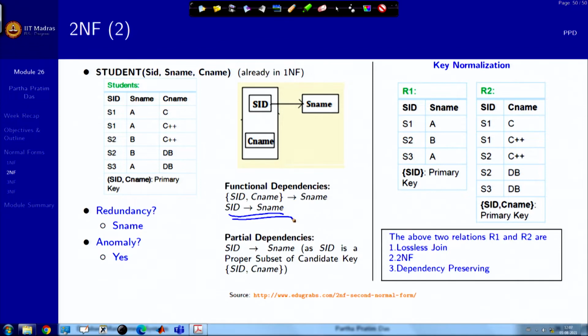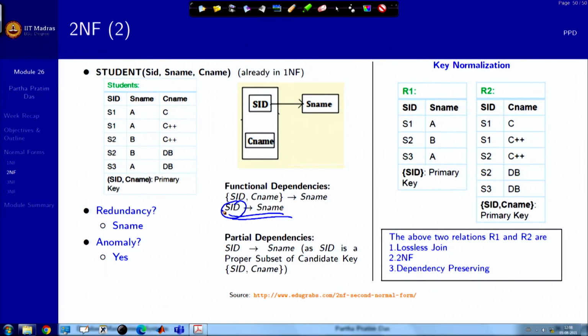Now, because of that, see, if the left hand side of this was a key, then what would have happened? It would not have been possible to have duplicates on that, and therefore, your S name would not have been replicated a number of times. The student's name would not have been replicated a number of times, but it is not.